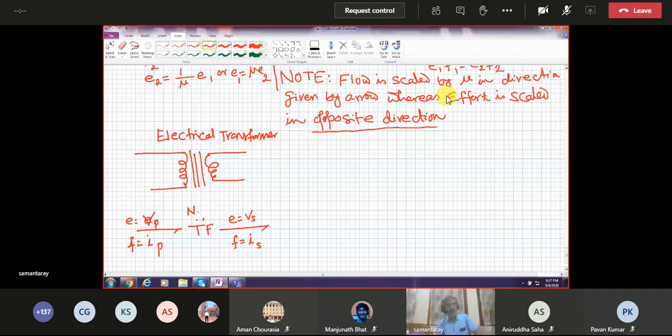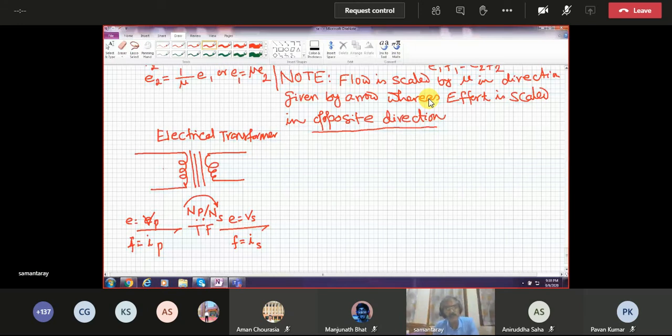IP times NP, by Ampere's law, is the magnetic MMF generated. And then IP NP divided by NS becomes the secondary side current. So the secondary side current is NP by NS times IP. That's straightforward. Here this is an ideal transformer; I have not assumed any core losses.